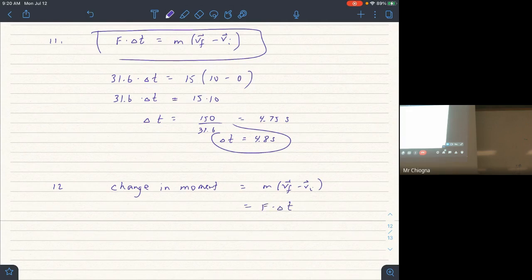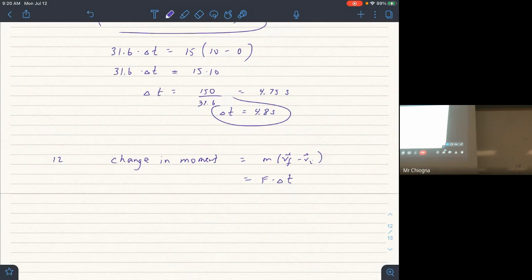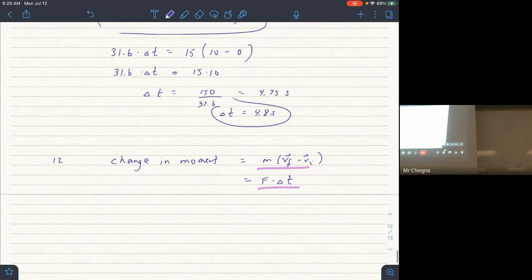They're equivalent to each other. So you use whatever expression is convenient given the information. In this problem, they give you the force and they give you the time. The change in momentum is, yes, I know it's a net force.